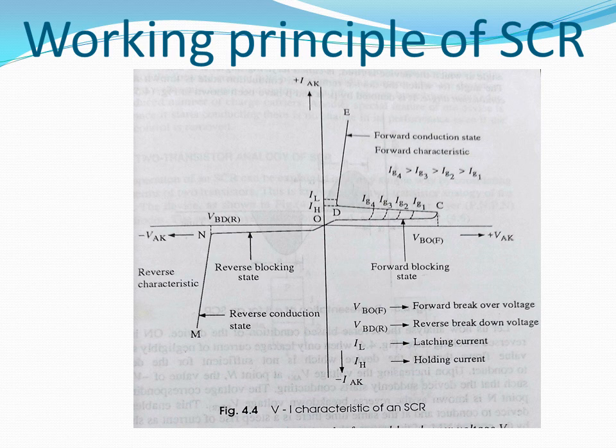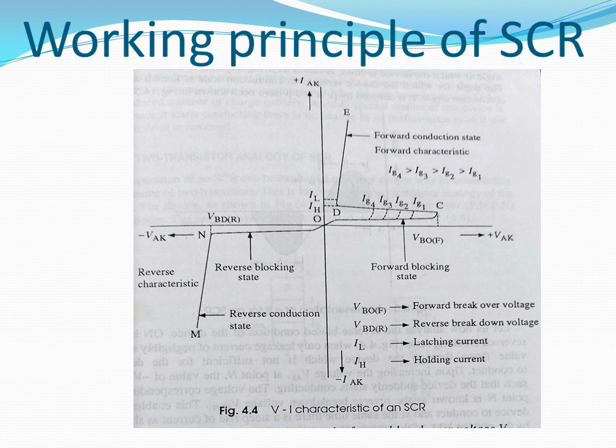Then the fourth one, that in case of reverse biased, when the voltage between the anode and the cathode is increased in the reverse direction, the width of the depletion layer formed at the junctions J1 and J3 will decrease.